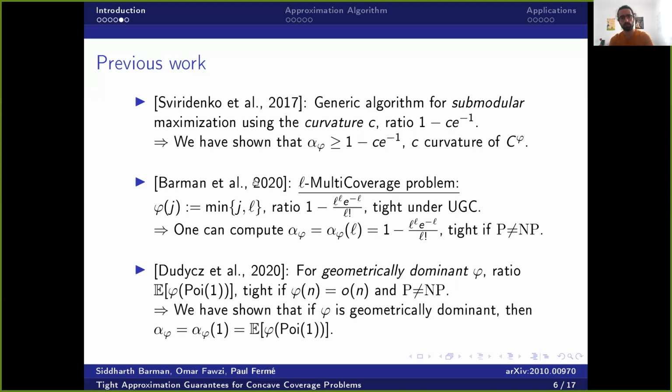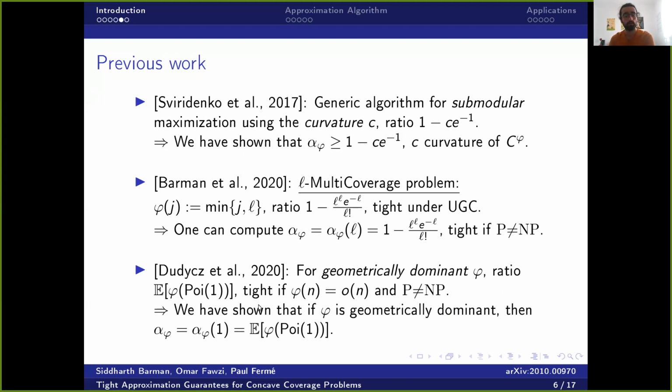And the closest result to ours is the result which was shown for geometrically dominant phi. In that setting, you get the ratio expectancy of phi of Poisson of 1. And this was shown to be tight under the same assumptions.